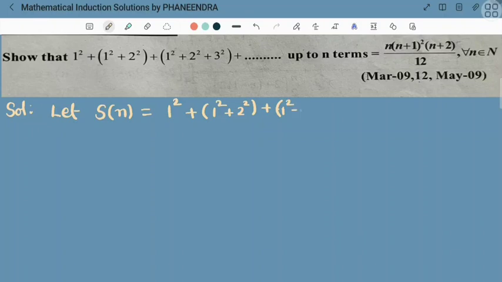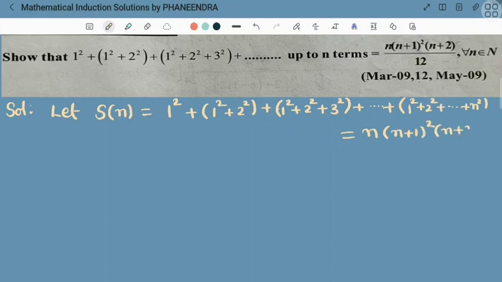I will write it again: 1 square plus 2 square plus 3 square plus and so on up to n terms, which means 1 square plus 2 square plus and so on plus n square, is equal to the RHS value, n into (n plus 1) whole square into (n plus 2) divided by 12. Okay.